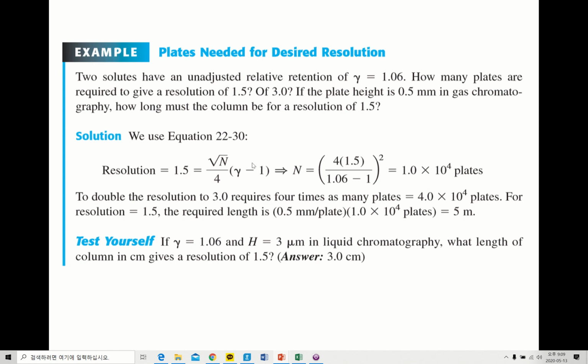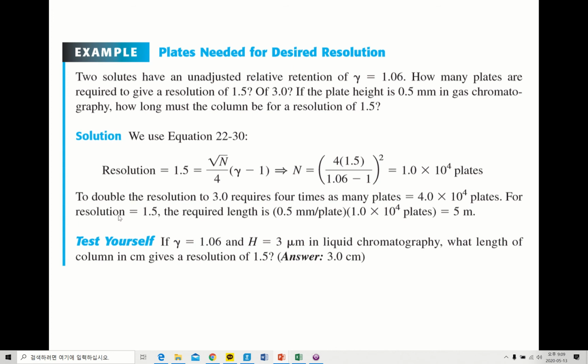You memorize this equation. Let's consider 1.5 resolution first. Since we are going to calculate n, we solve this, and n equals 1.0 times 10 to the 4 plates, 10,000 plates.